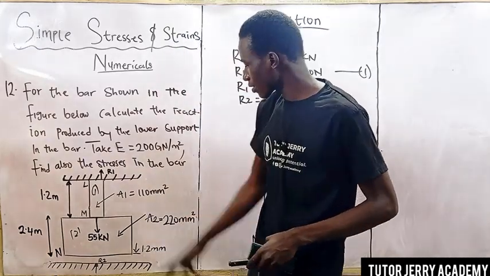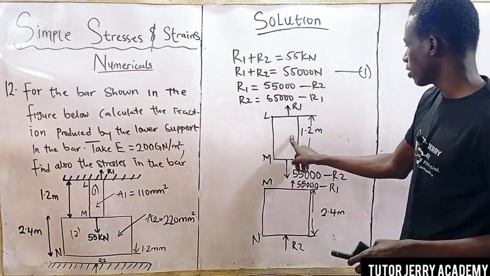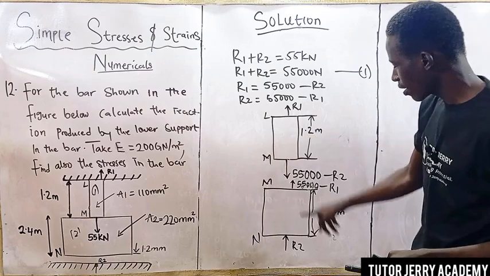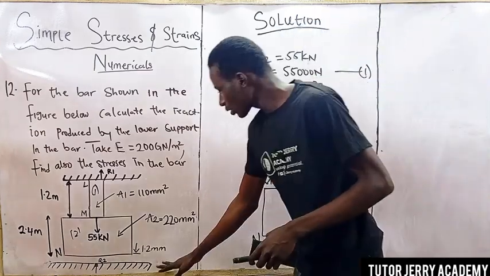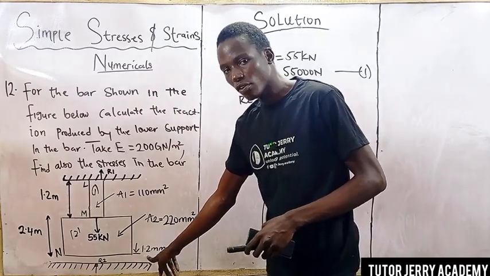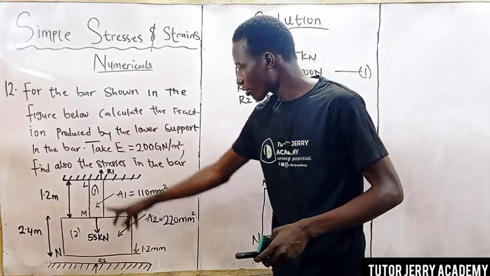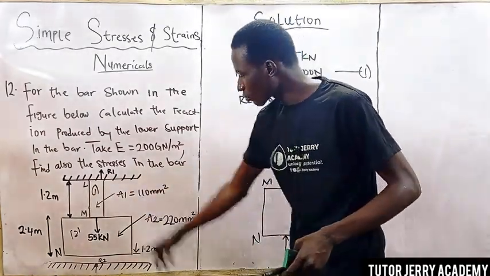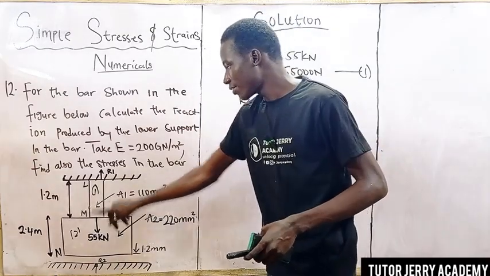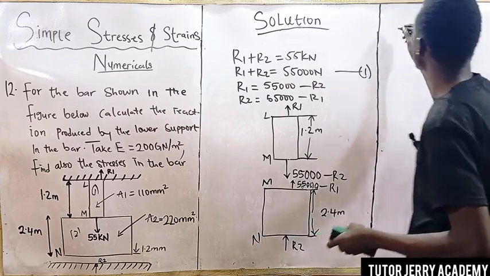Don't forget that here we have a tensile force and here a compressive force. The total elongation is the elongation of this plus the elongation of this, bearing in mind that one is compressive and one is tensile.